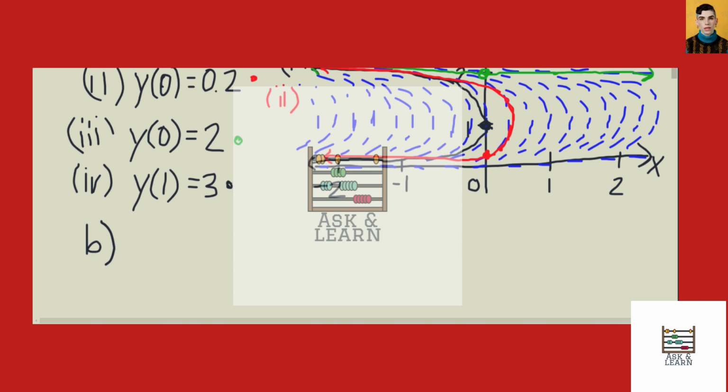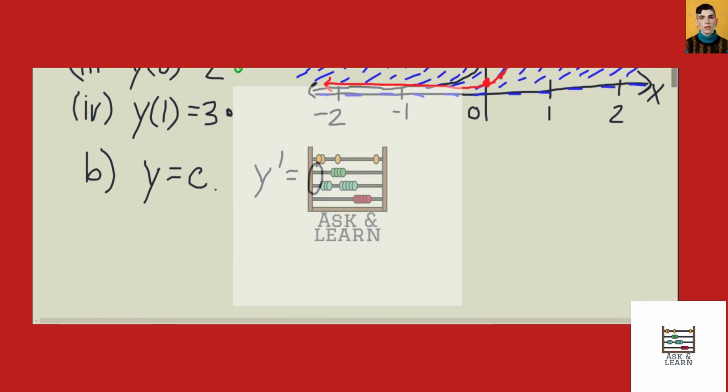Supposing that y equals c is an equilibrium solution for some c in the real numbers, then y prime is of course going to be 0, and we have that tangent of 1/2 pi y, or tangent of pi over 2 c, is going to be equal to y prime, so it'll be equal to 0.